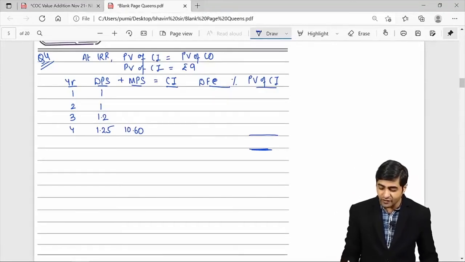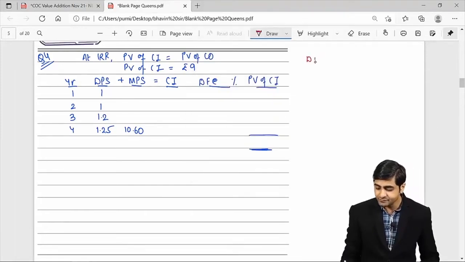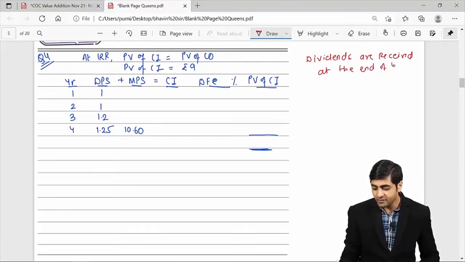Okay. So only for your reference, you can just write down like this: dividends are received at the end of year.